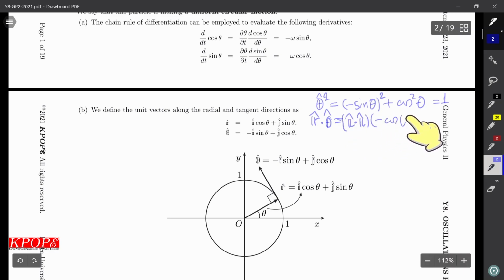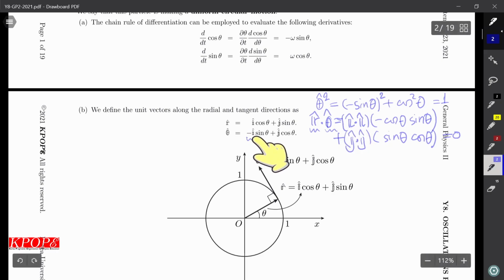Then we take the scalar product: r hat dot theta hat equals i dot i times minus cosine theta sine theta plus j dot j times sine theta cosine theta. These two contributions cancel, so it is 0. That means r hat and theta hat are orthogonal.